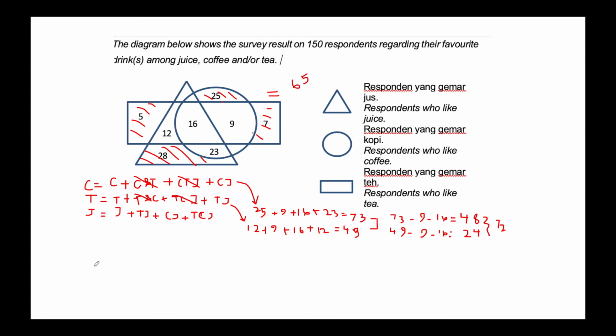All right. And for the last question, how many respondents do not like any of juice, coffee and tea? So now you know the total of people who like coffee and tea, 73, 74.